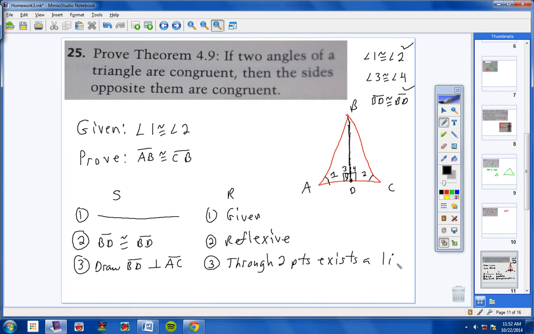If you drew a line perpendicular, that's totally fine. I'm really not too worried about the reason you would put here for number 3. Okay, not that big of a deal to me. So we draw a line BD.